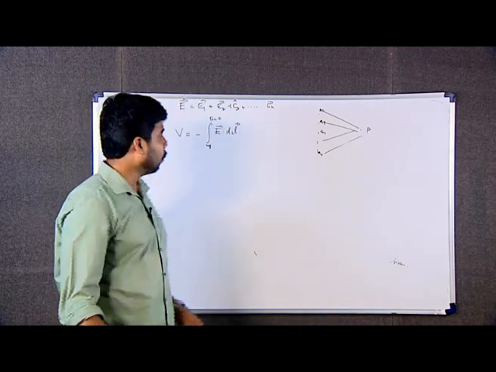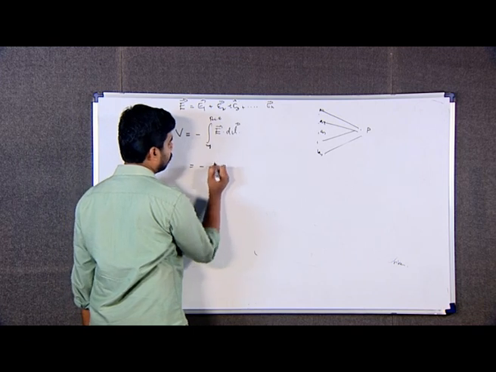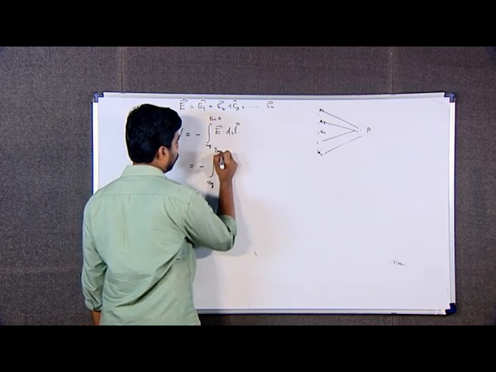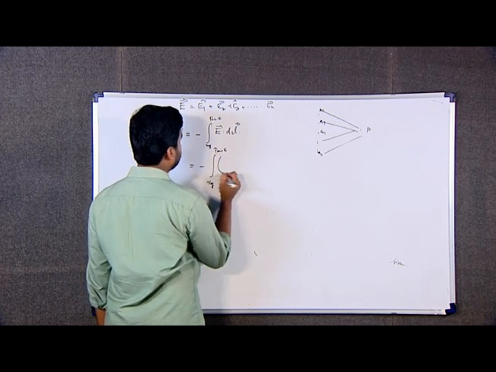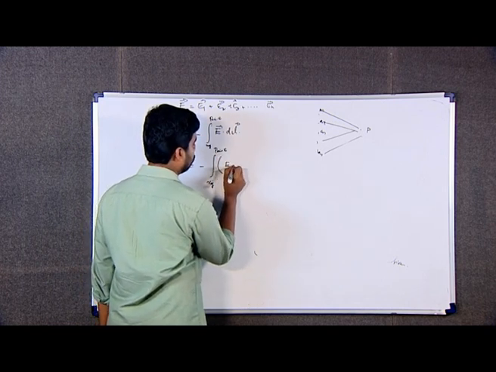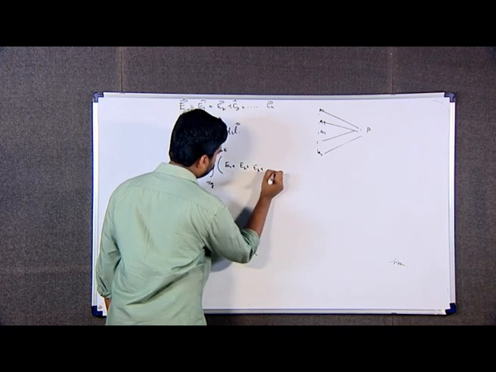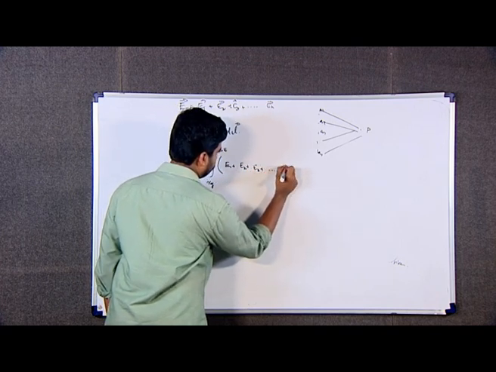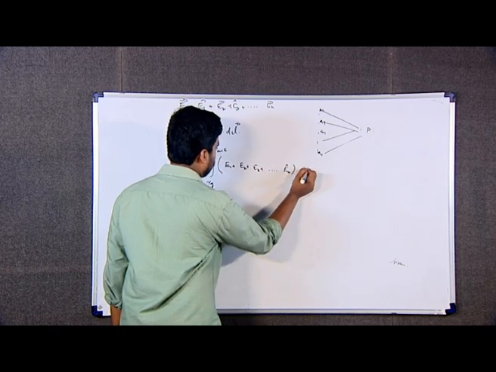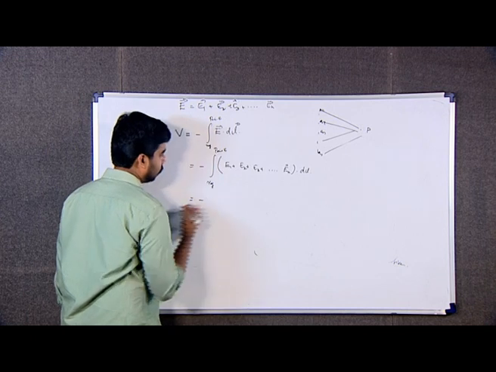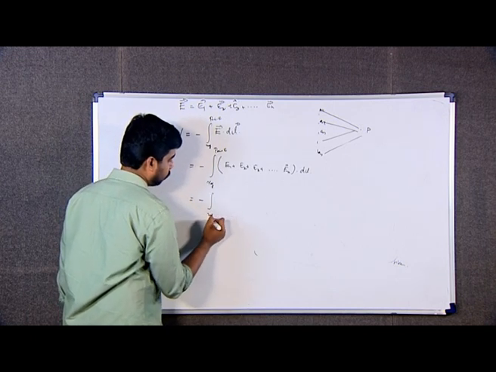Now, we know that the total electric field E is equal to E1 plus E2 plus E3 up to En, dot dl.